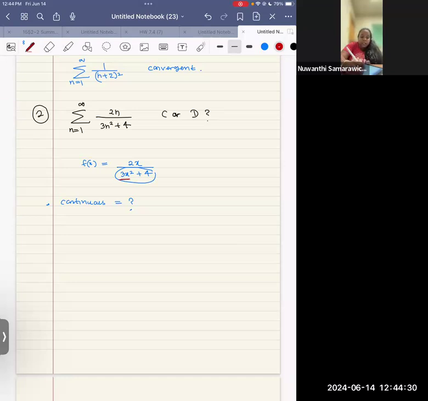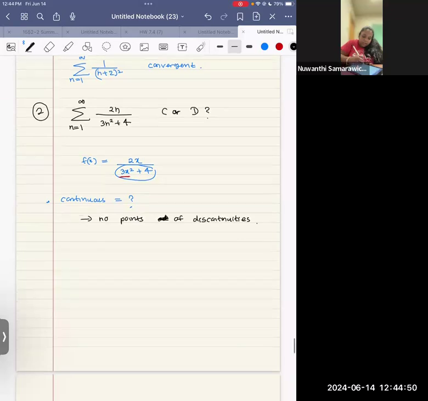We don't get any holes in the graph, so no points of discontinuity. So the function f is continuous.